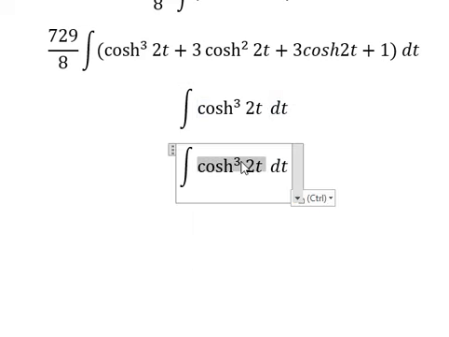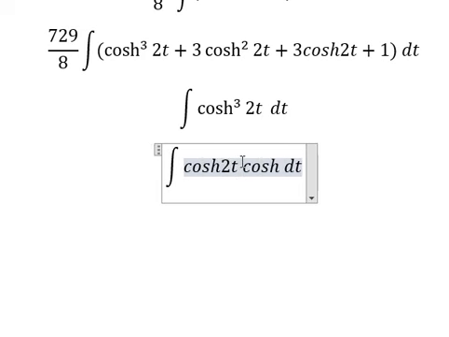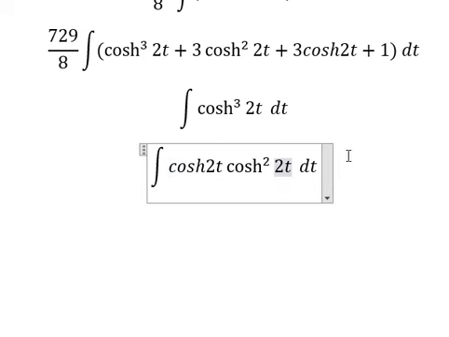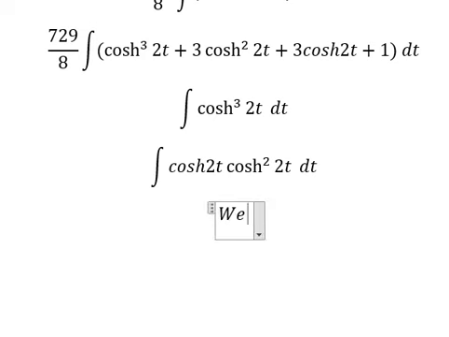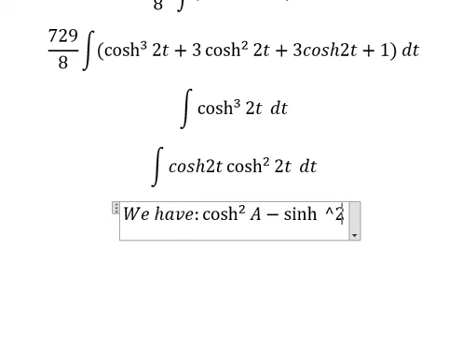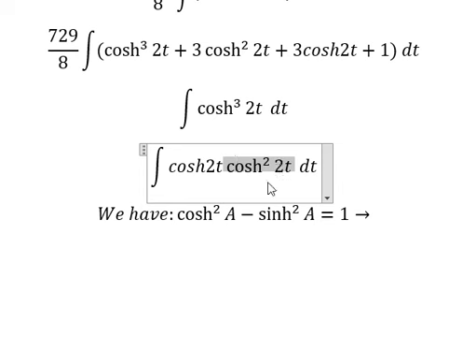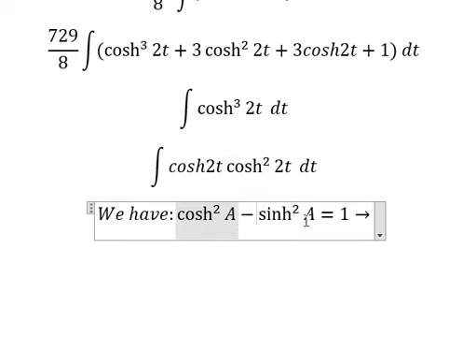So this one we can put cos 2t squared. So we have the formula in here. So we have this one. So I will put this one to the right.